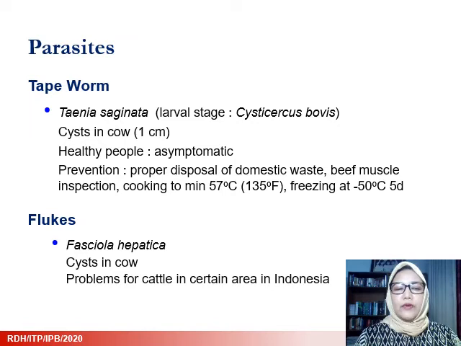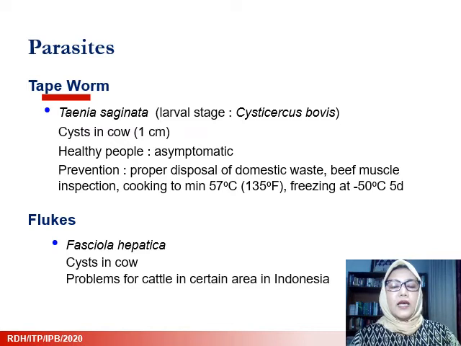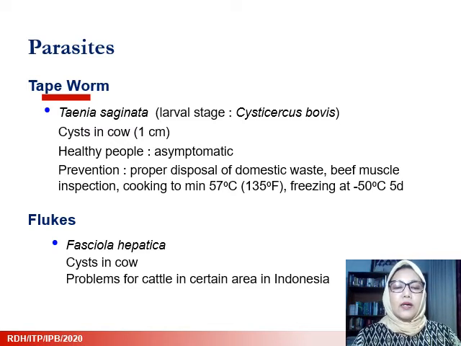Another form of parasites is tapeworm. Taenia saginata, or in the larval stage called Cysticercus bovis, is found in cow. Healthy people can be infected and become asymptomatic.